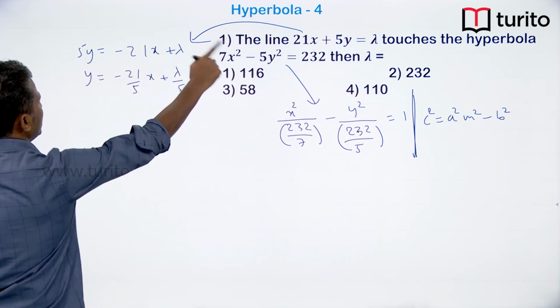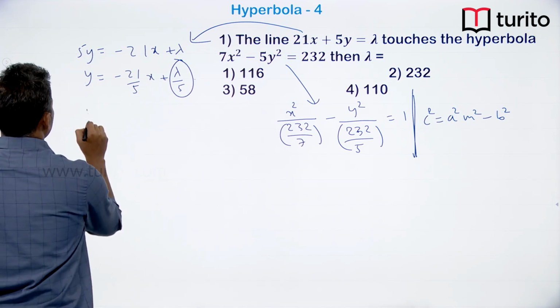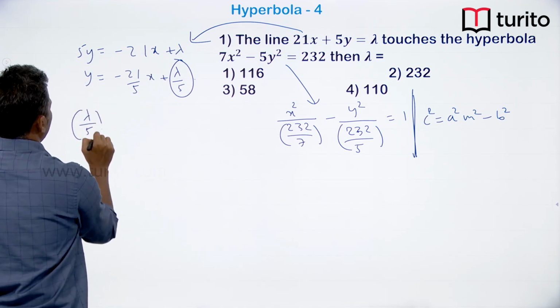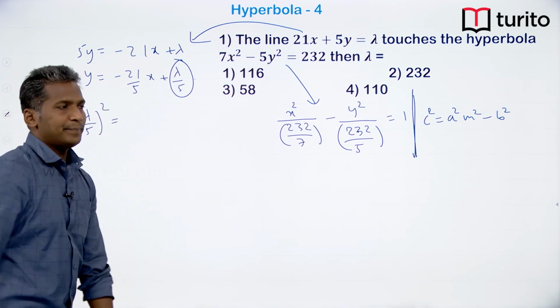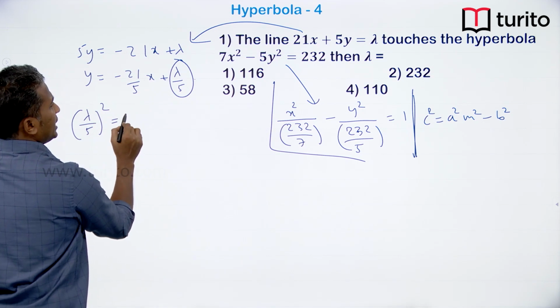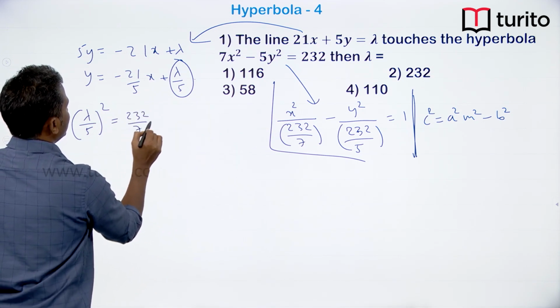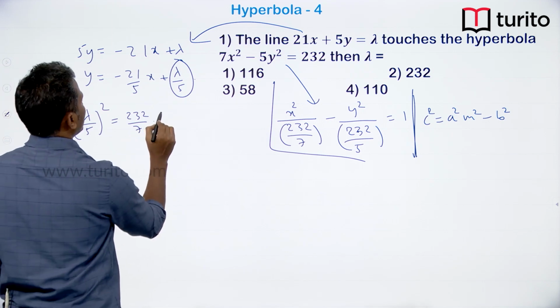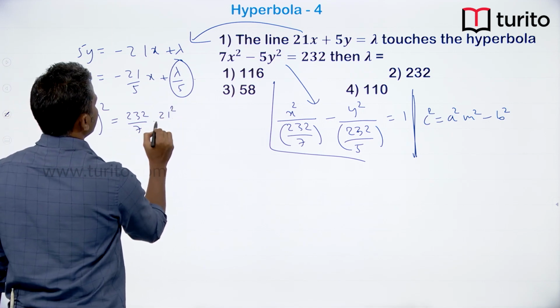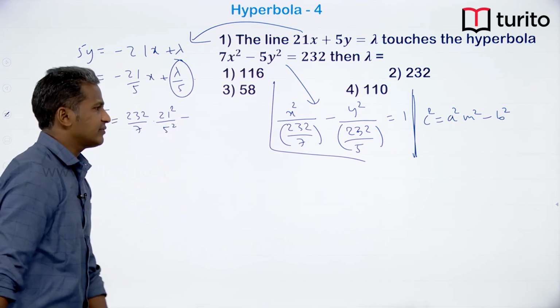Now, I want to find lambda. Lambda is coming only in c. So, I can just focus on lambda by 5 whole square. This is equal to, what are we getting here? a square, which is 232 by 7 into m square, which is 21 square by 5 square, minus what is b square?